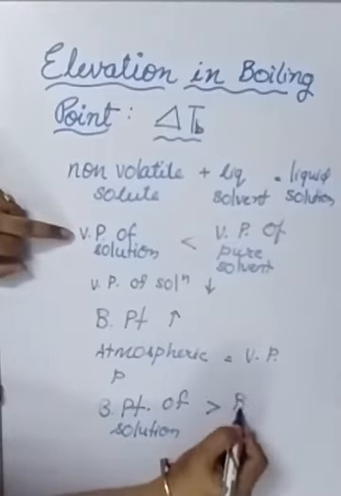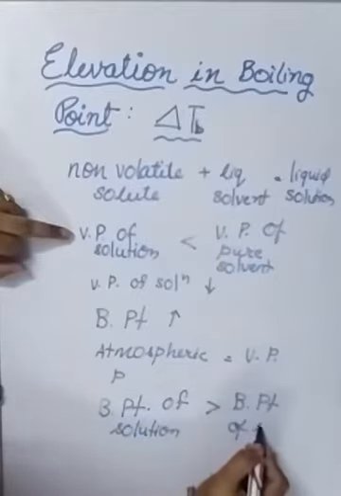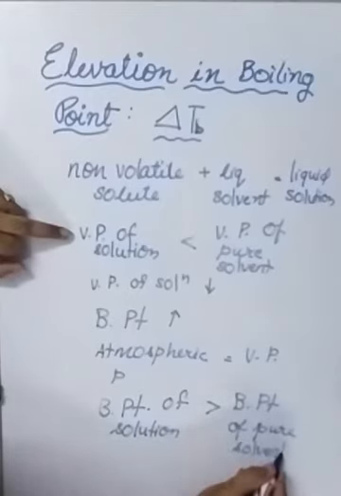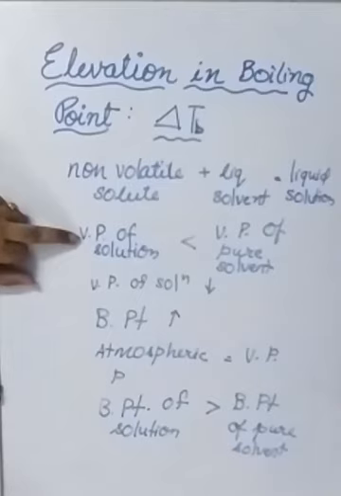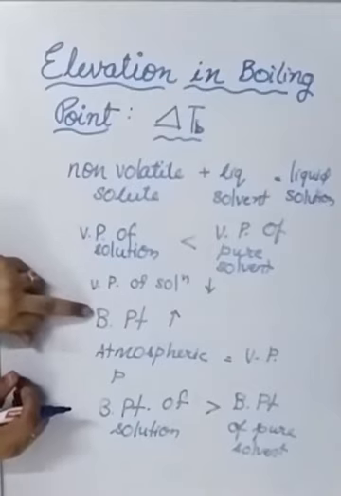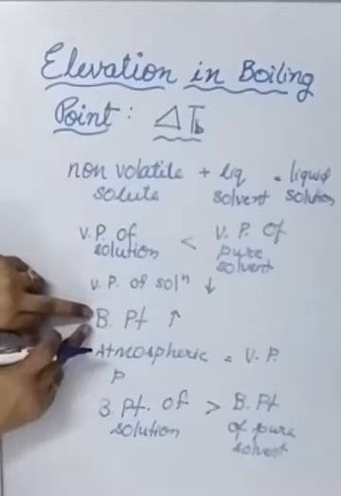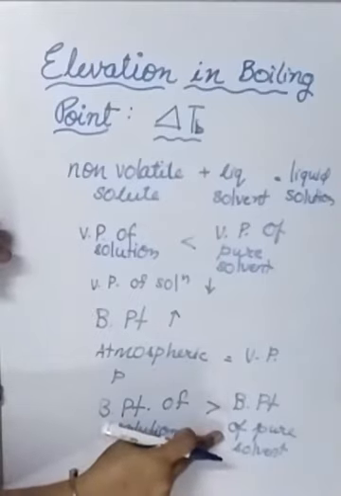It will be more than the boiling point of the pure solvent. Am I clear? Whenever non-volatile solute is added, vapor pressure of solution decreases, more heat is required to bring the solution to boil, and at more temperature the solution will start boiling, and that's why the boiling point of solution will be more than the boiling point of pure solvent.